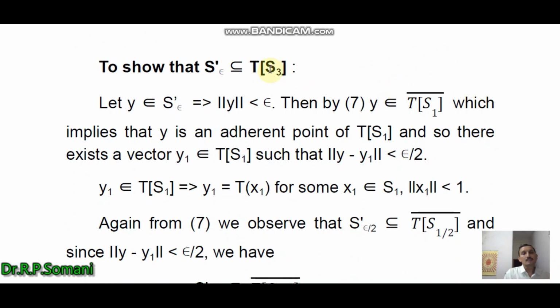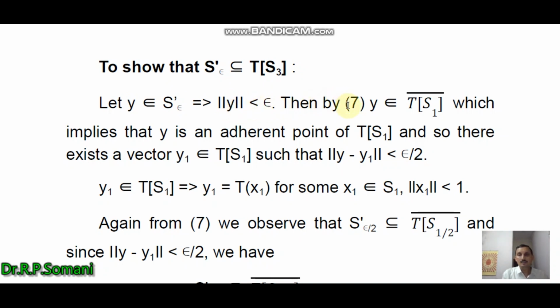Now we show that S dash epsilon is a subset of the T S3. For this, let y belong to S dash epsilon. This implies norm of the y is less than epsilon.